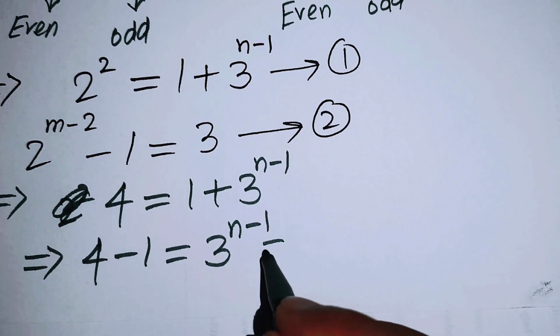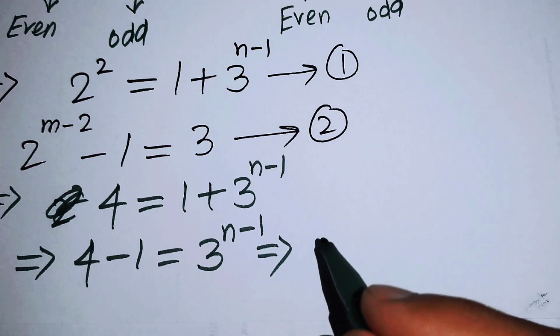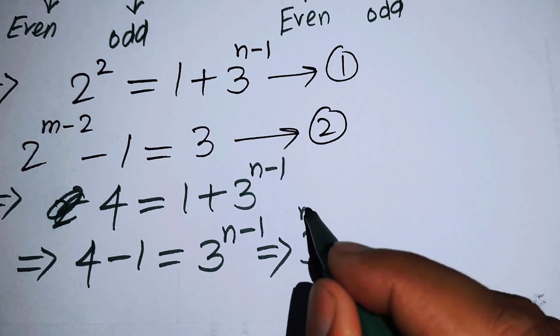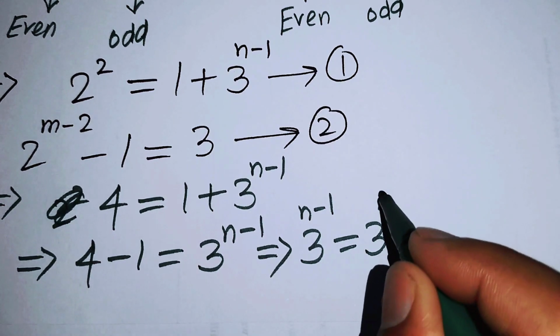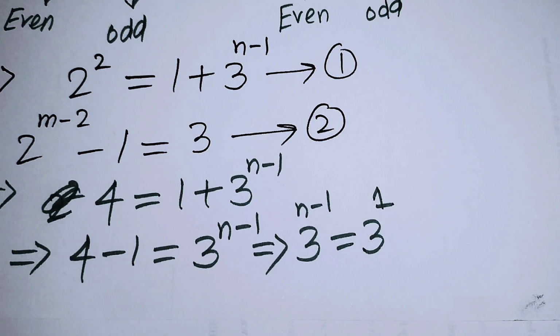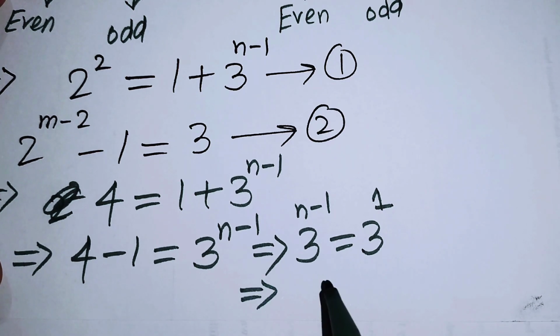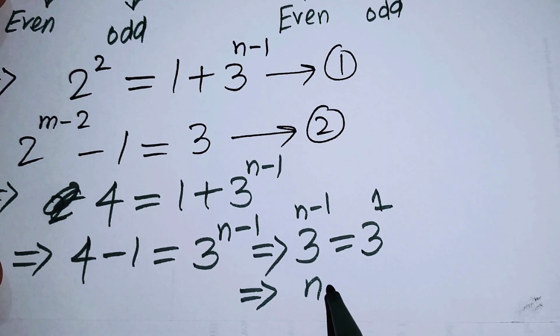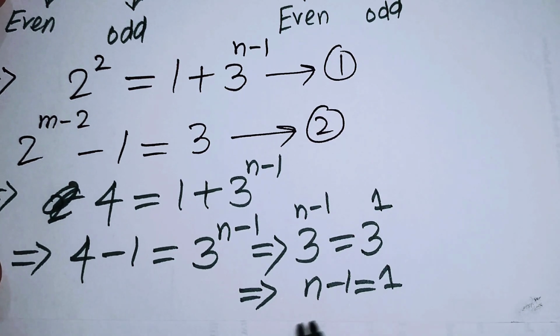So this equation implies that 3 to the power of n minus 1 is equal to 3 to the power of 1. Now you can compare both of the sides, and you see that the bases on both sides are the same, so the exponents are equal, and here you have n minus 1 is equal to 1.